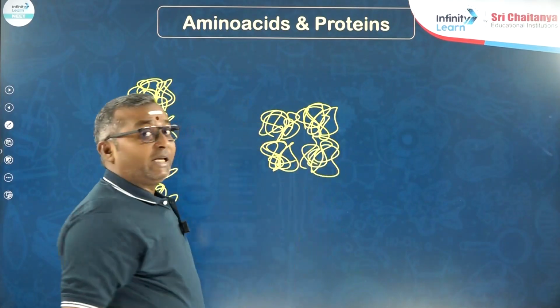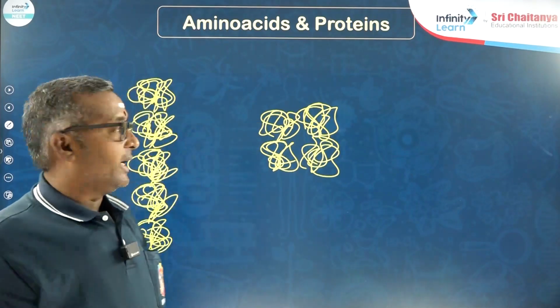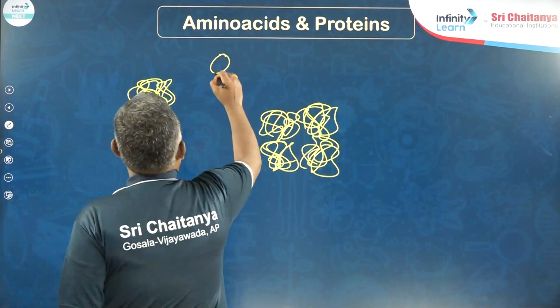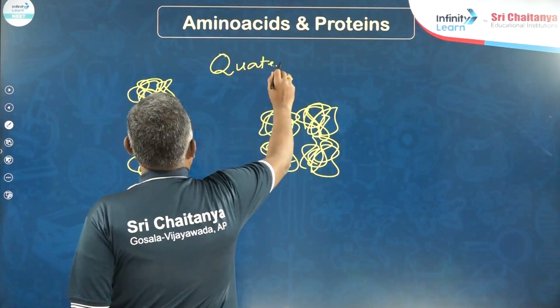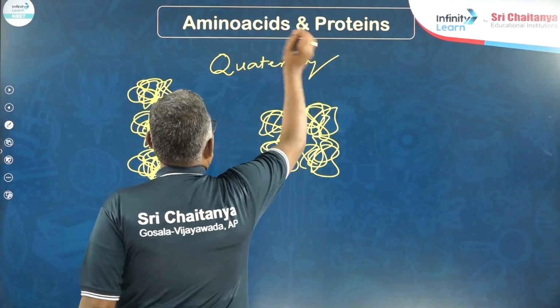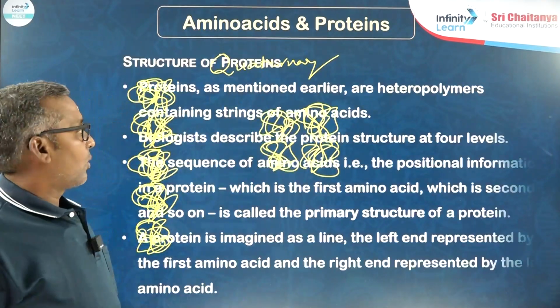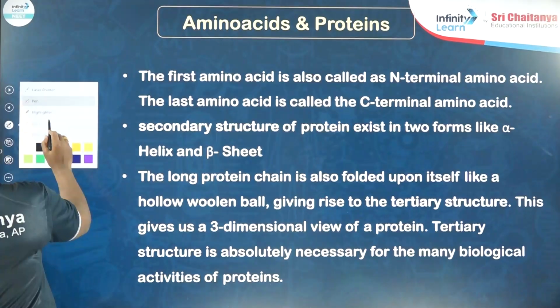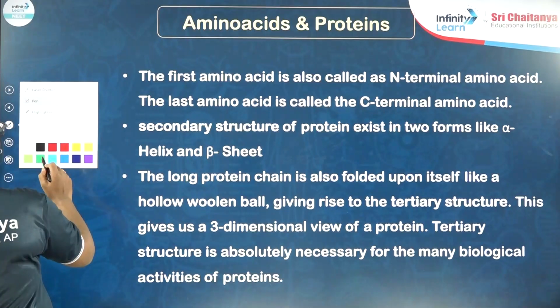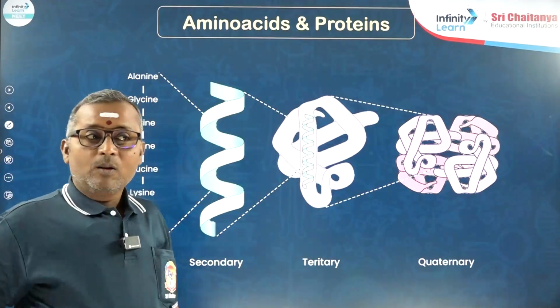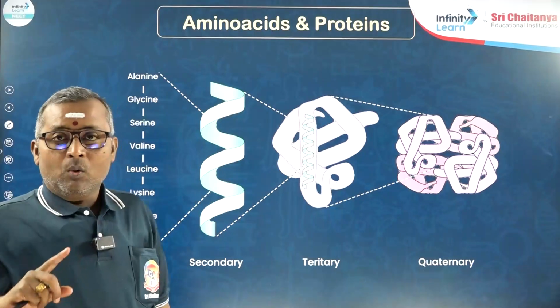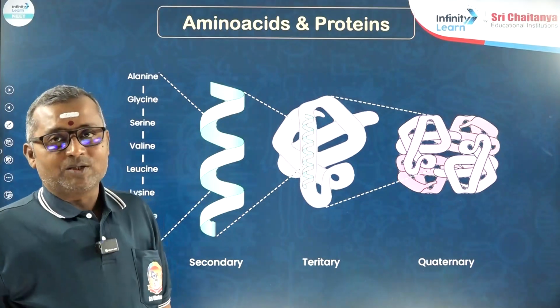This kind of architecture of a protein itself is called quaternary structure. So quaternary structure is composed of more than one type of polypeptide chain.